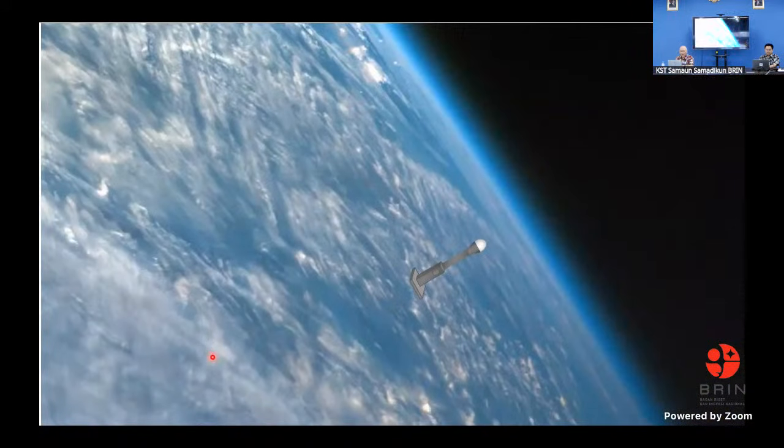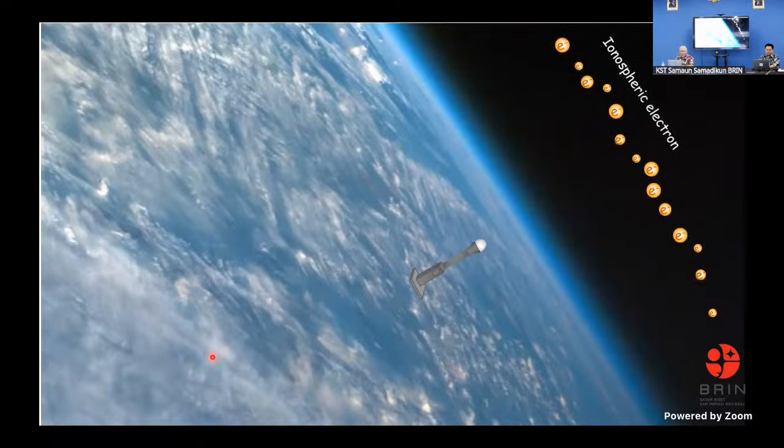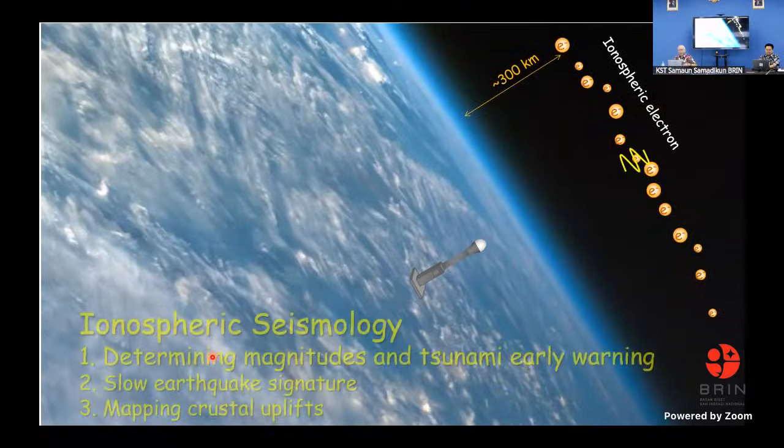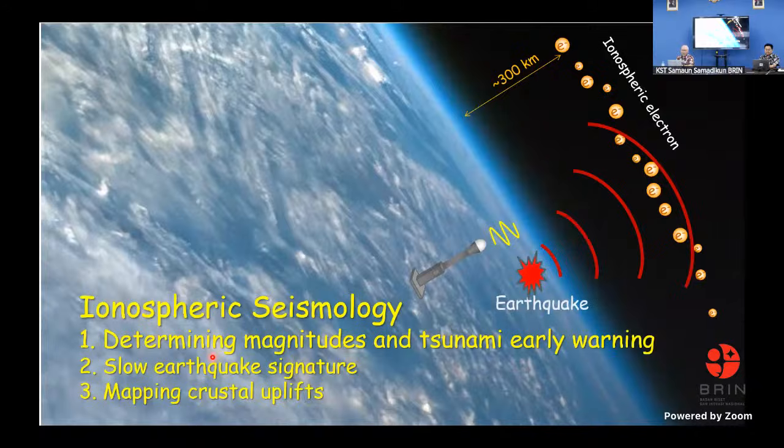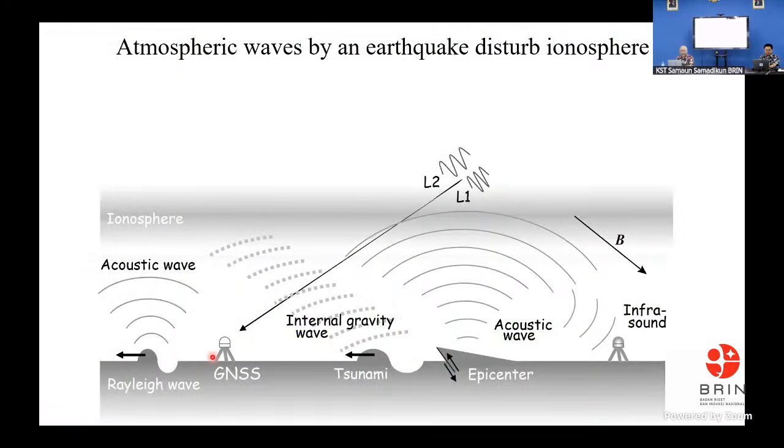Okay, now there are electrons in the upper atmosphere, and we observe them, and there's an earthquake. And the wave propagates upward to space, almost the top of the atmosphere. And it is not simply the acoustic wave from the epicenter.